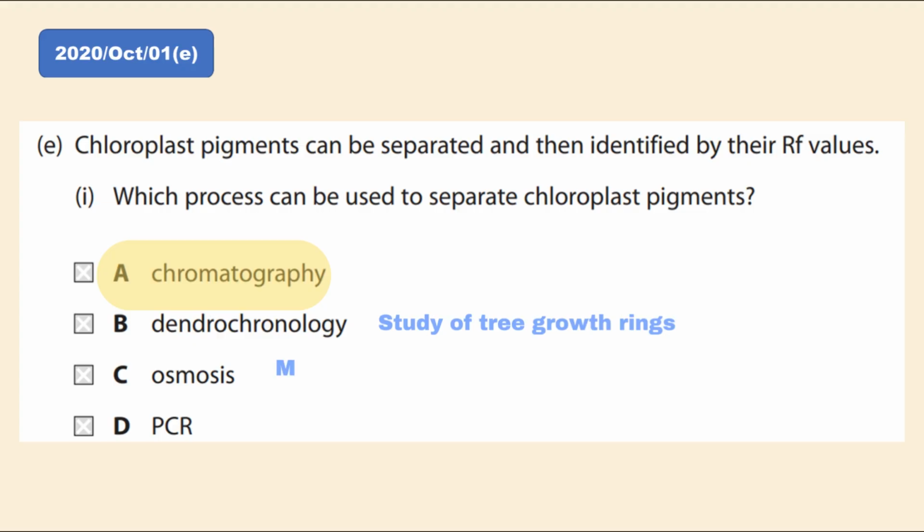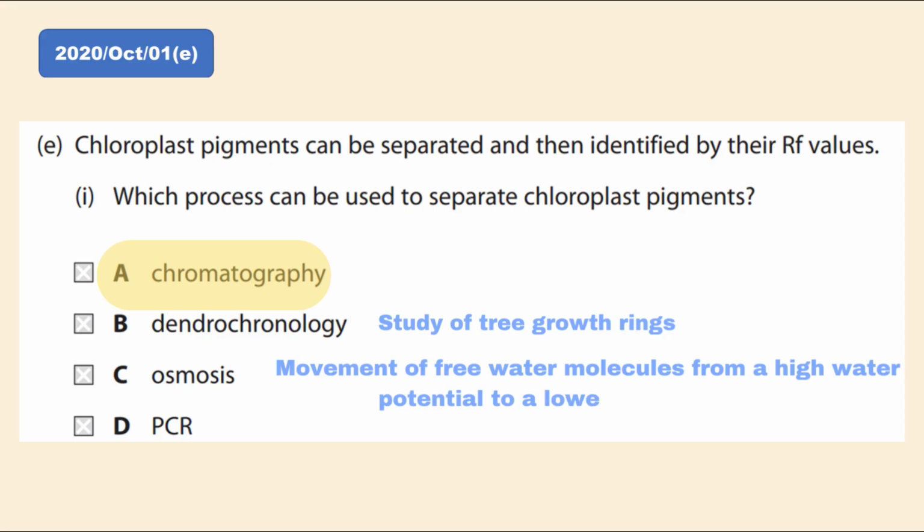Osmosis, this is the movement of free water molecules from a region of high water potential to a region of low water potential through a selectively permeable membrane. And finally, PCR, or a polymerase chain reaction, that's a process that amplifies DNA molecules, not pigments. So the correct answer is A, chromatography.